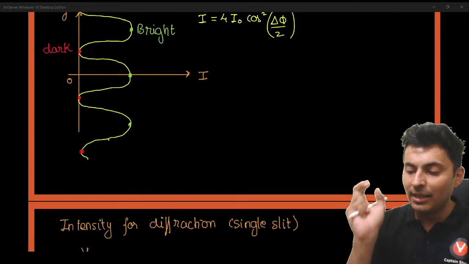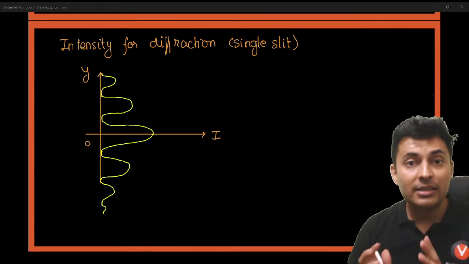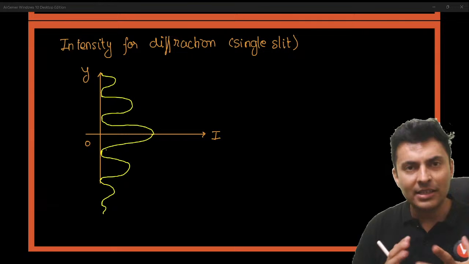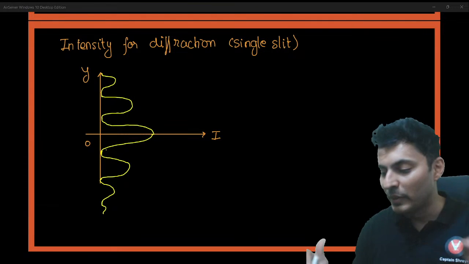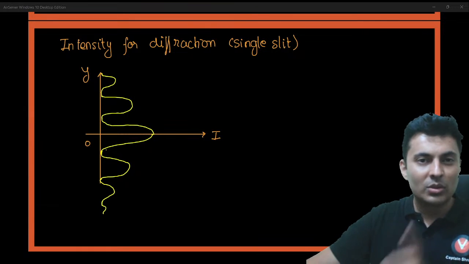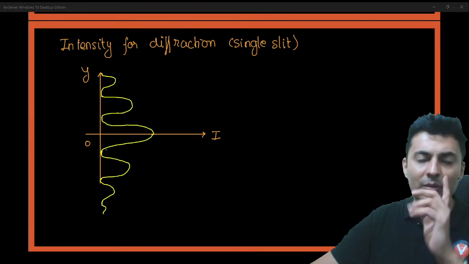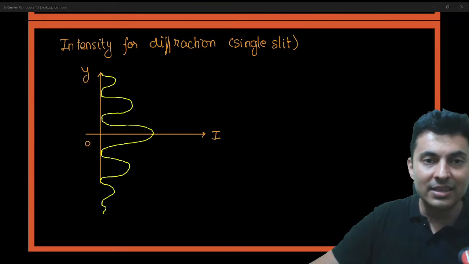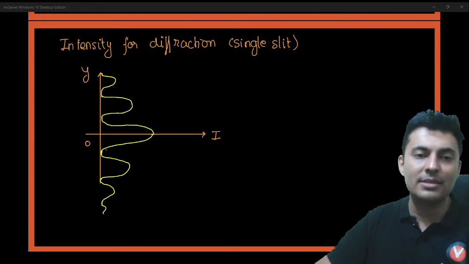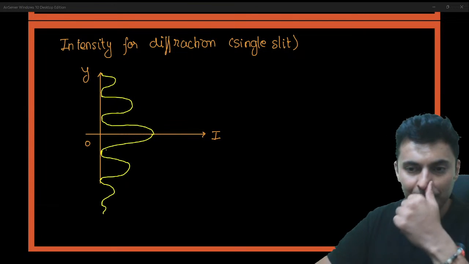But here the maximum intensity is maximum only at the center, and as you go up or down, the intensity keeps on reducing slowly, it fades out. That's one major difference. In fact, there is a difference column in NCERT also between single slit and double slit.